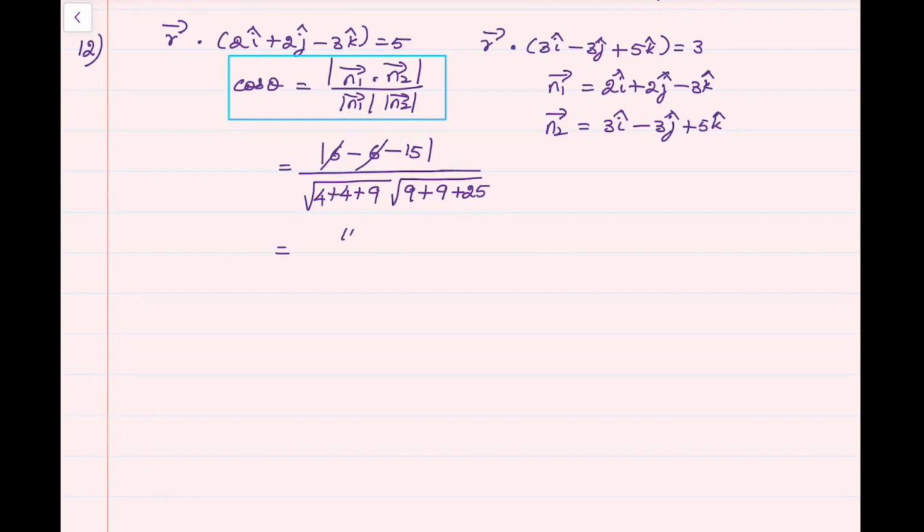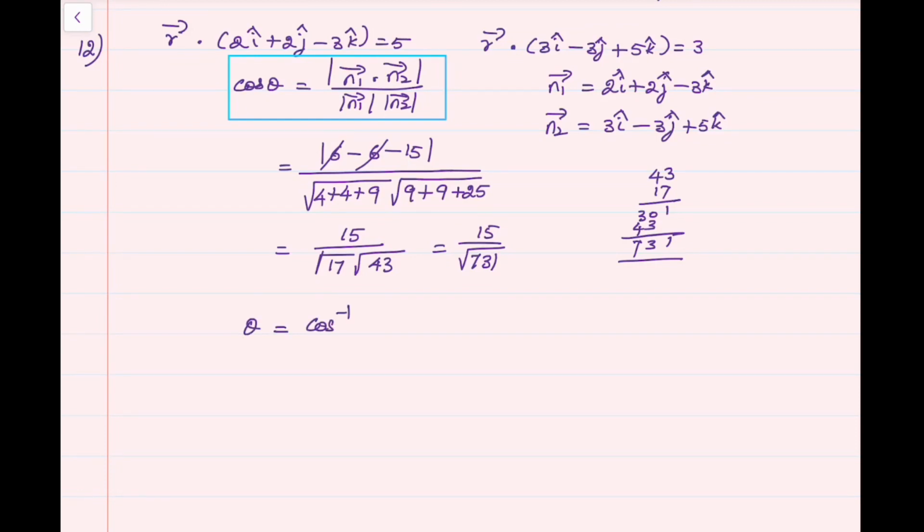The answer is 15 divided by root 17 times root 43, and 43 times 17, so 15 divided by root of 731. Therefore, theta is equal to cos inverse of 15 divided by root of 731.